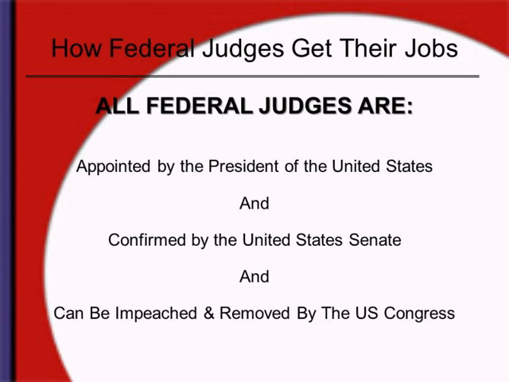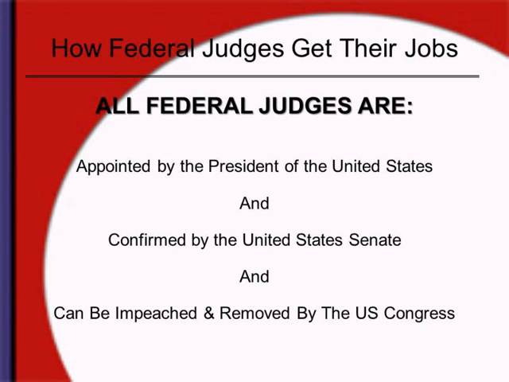No different than the power that Congress has to impeach the President. It's the same exact process. The House of Representatives will impeach, basically indict the judge, saying the judge has done something wrong, and then the Senate will conduct a hearing to see if the judge will actually be removed from office.